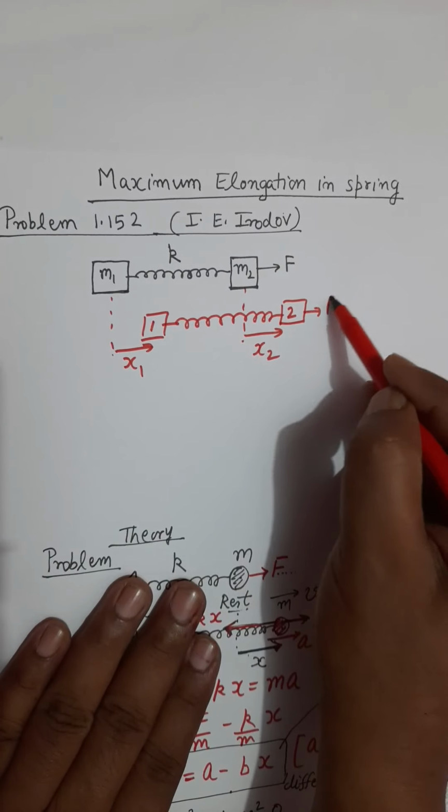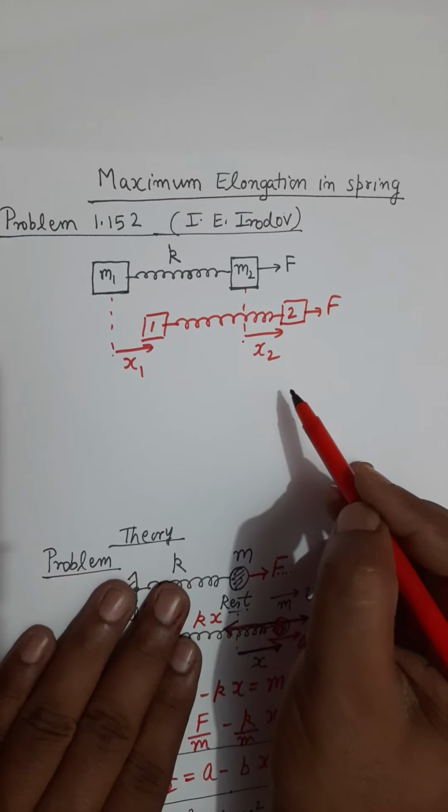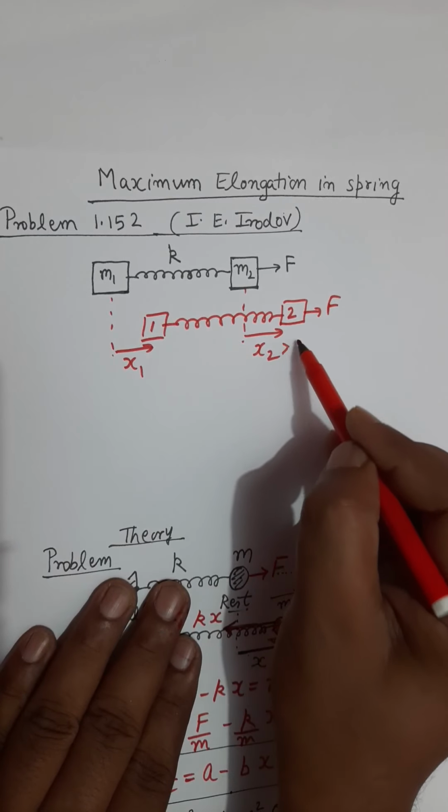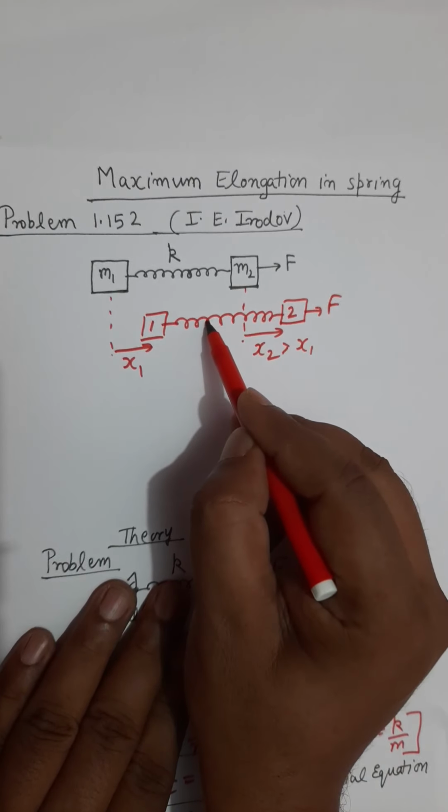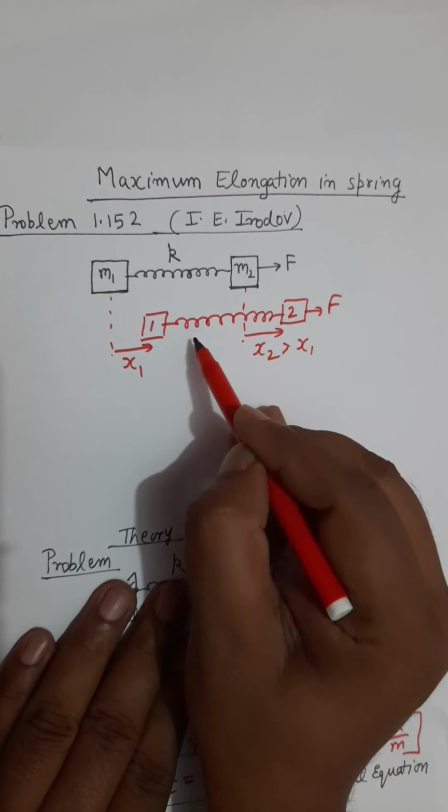A force F is also there. Obviously, if I assume x2 to be more than x1, then the spring is elongated now, and you can write the elongation of the spring as x2 minus x1.